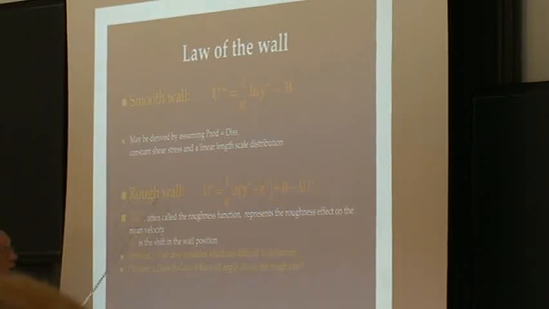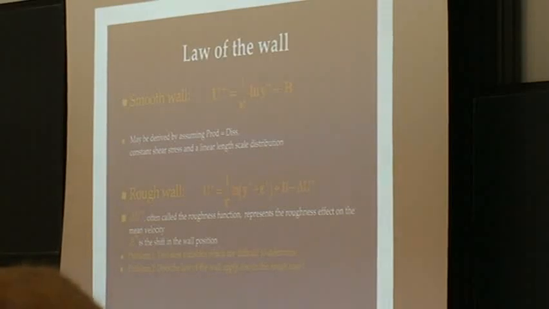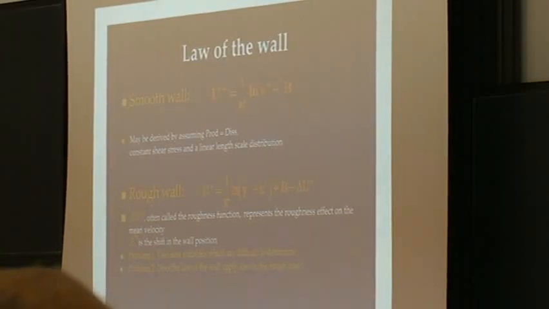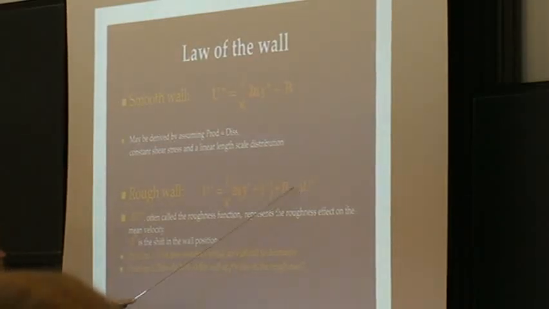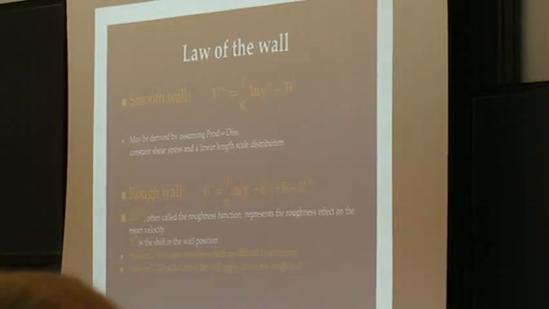When you introduce roughness on the wall, we have seen that you need to have a sort of shift in your physical coordinates to match the logarithmic layer. But you also need to change the additive constant because the effect of the roughness is basically to kill or partly kill the viscous sublayer.